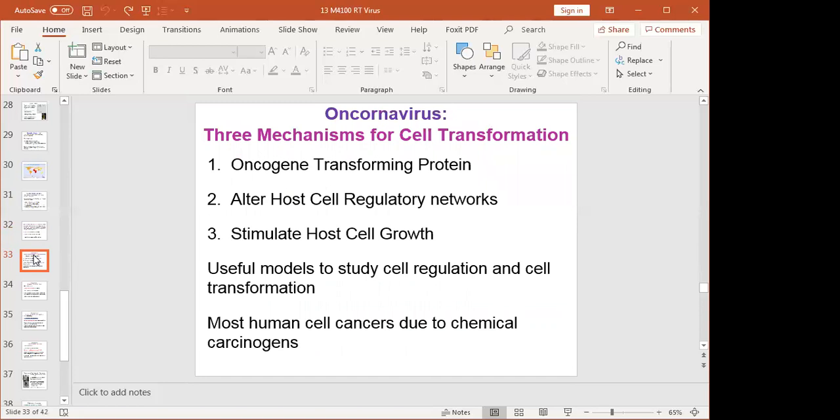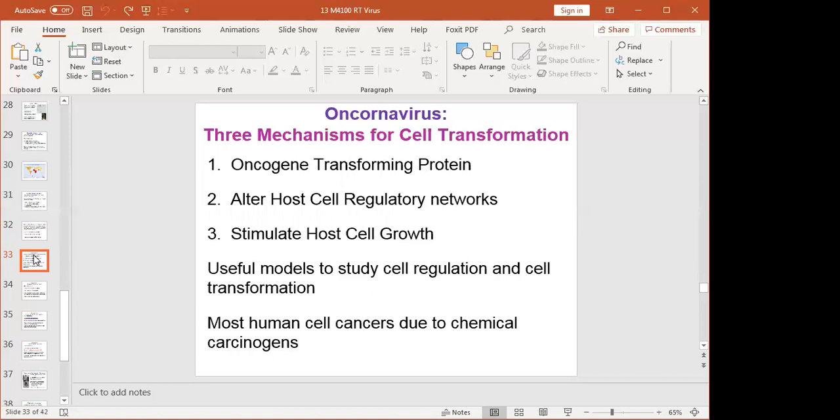So oncoviruses, the viruses that cause cancer, use three major mechanisms to cause cancer or cellular transformation. These include production of oncogene transforming proteins, altering host cell regulatory networks, and stimulating host cell growth.